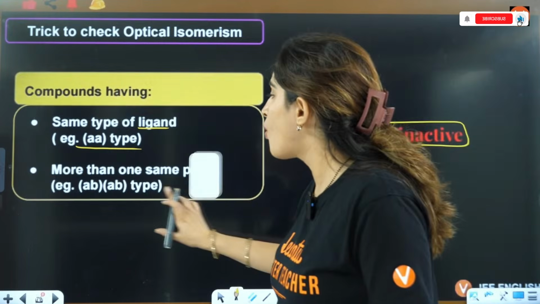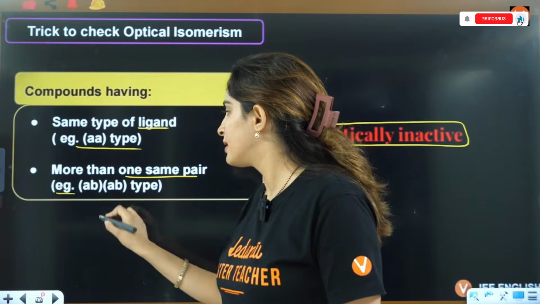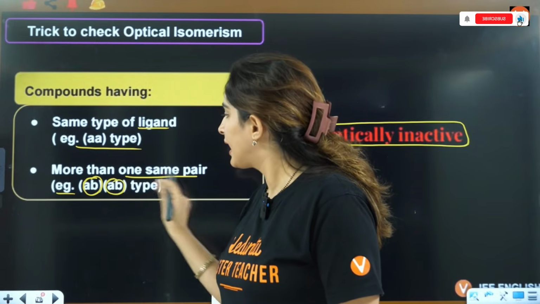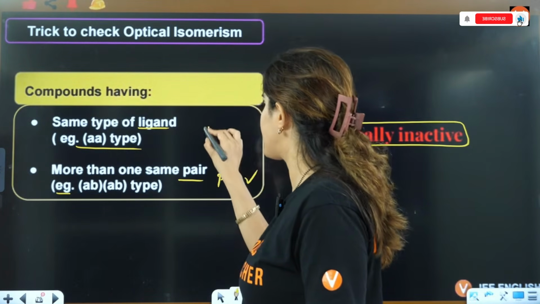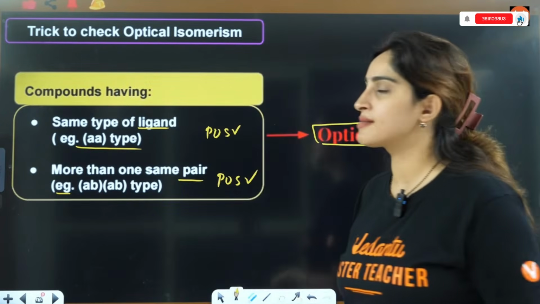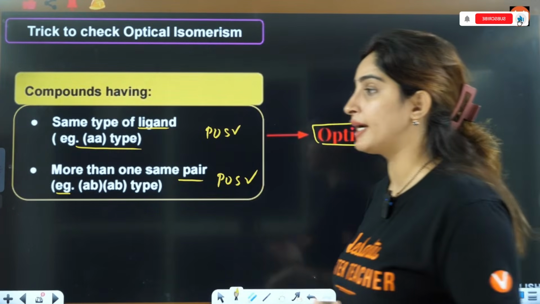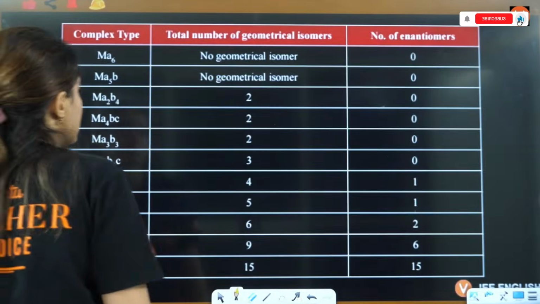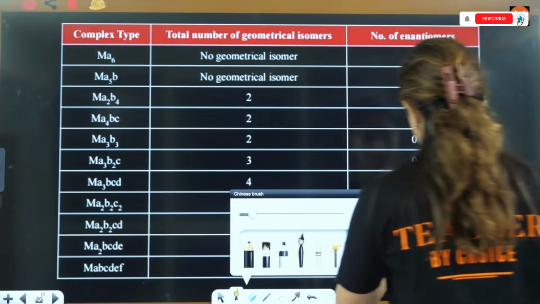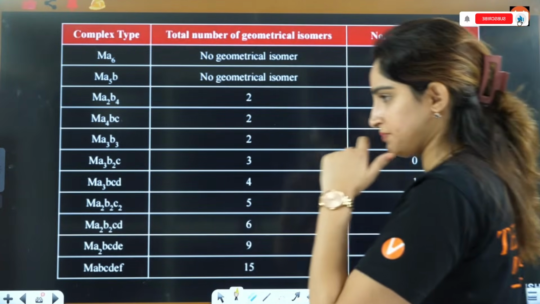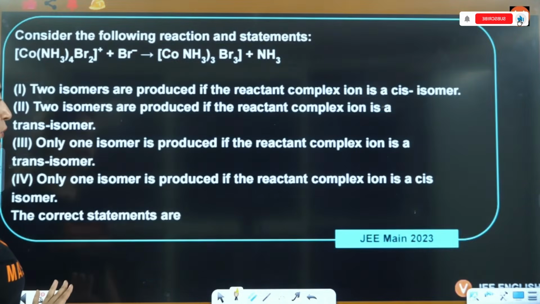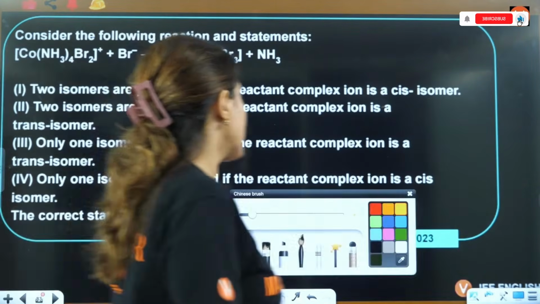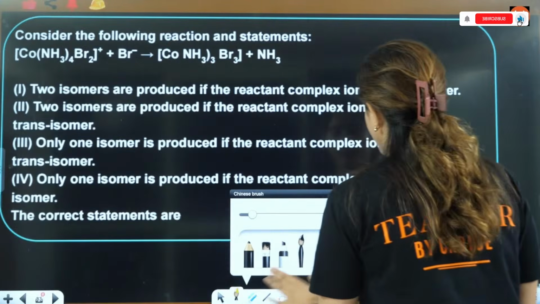If you have more than one same pair, like you have AB and AB, in this case you can directly say POS will be present here as well. So in these two cases, this is a trick where you can identify that POS will be present. Now guys, these are the charts from where you can remember the optical and geometrical isomers, that I'll provide you in the PPT, right? Now let's do some questions based on isomerism.